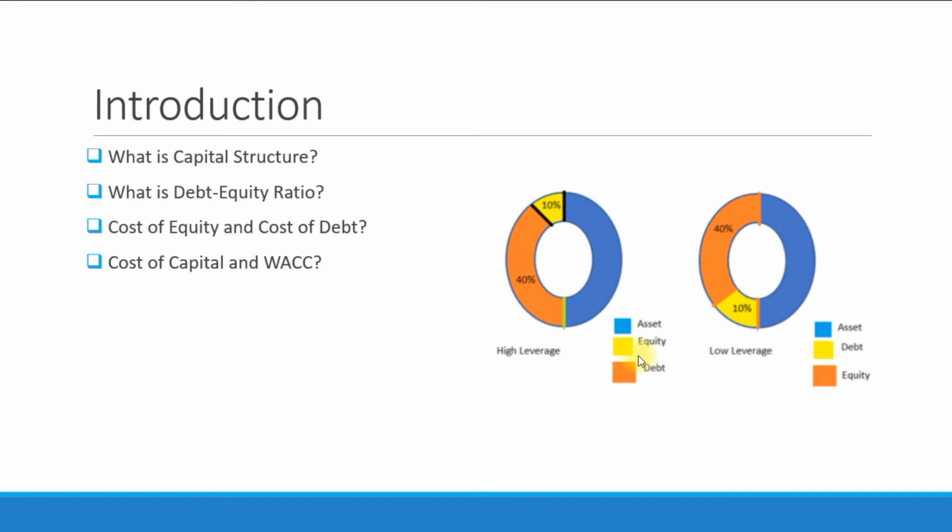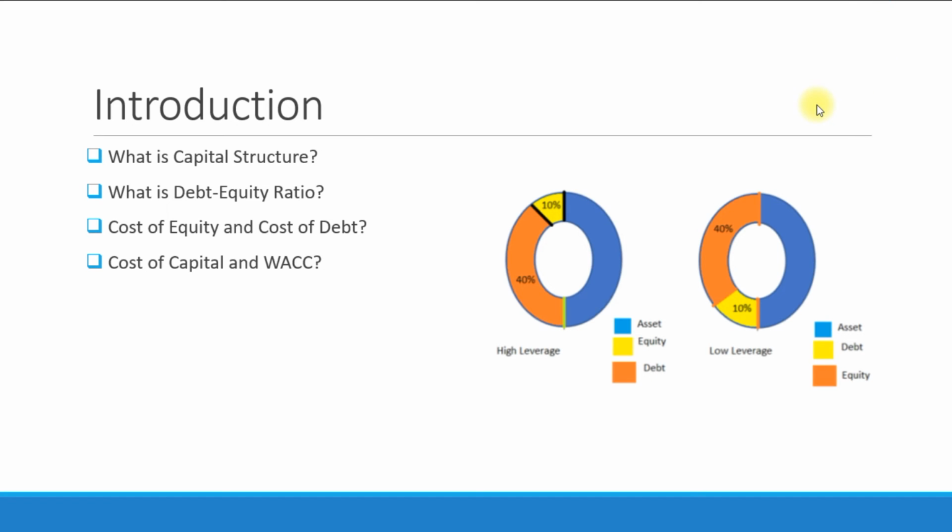One of the goals of the company is to find an optimum capital structure, which is the right combination of debt and equity in its capital structure. Firms in different industries use different capital structures. Ones in the information technology industry may have utilized more equity, whereas automakers may have utilized more debt.